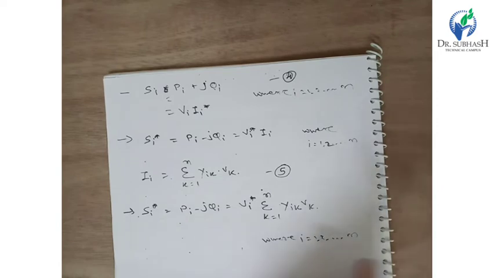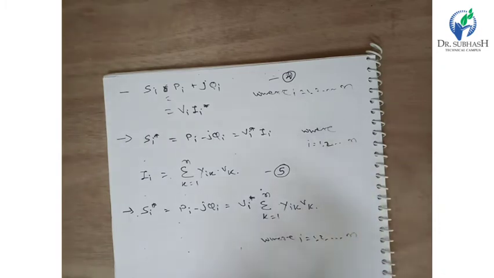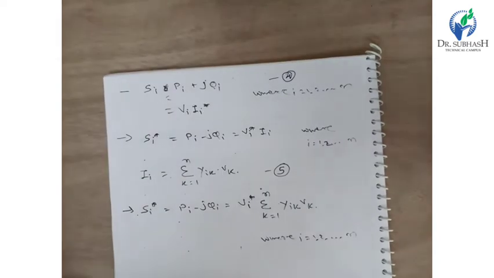By equating the real and imaginary parts, which are separate, we can write both the real and imaginary parts.